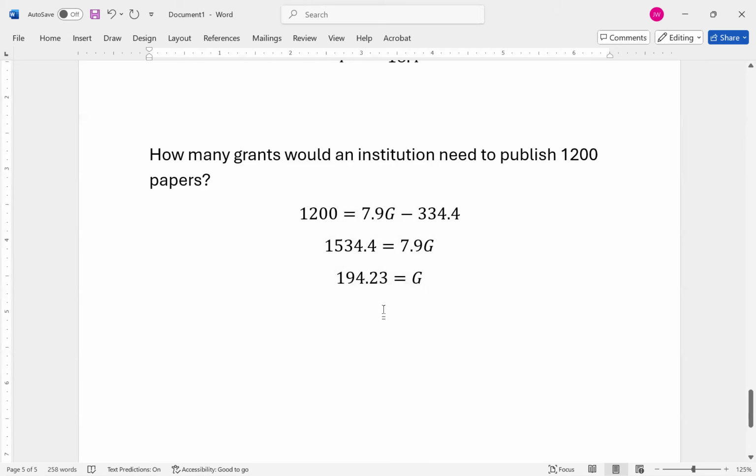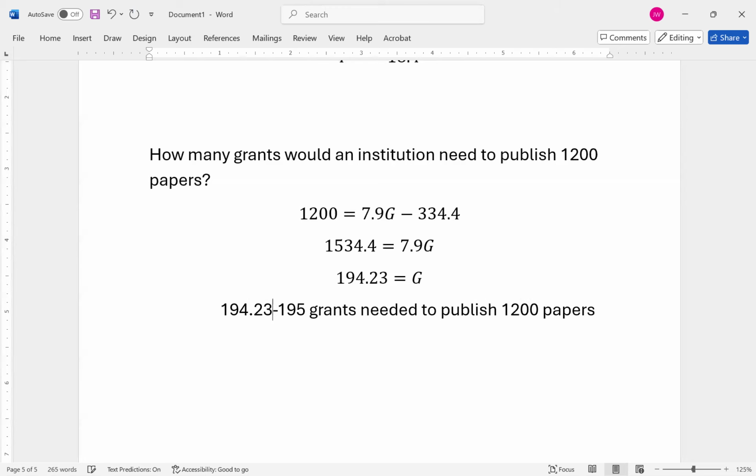But in reality, we'd probably say you would expect that you would need about 194 grants in order to publish 1,200 papers. So somewhere in the range of 194, 195.